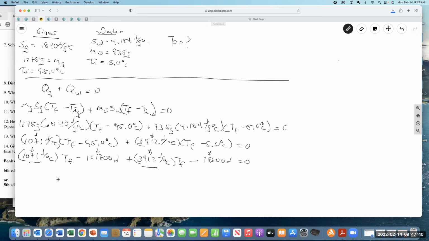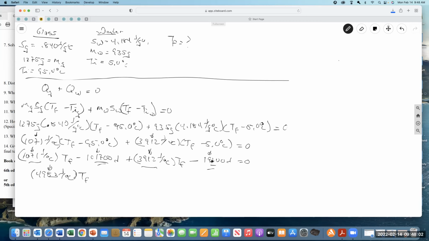So 4983, my guess is, I'm sorry, it's in the tens place, my bad. Joules per degree C times TF, that's a parentheses. And then I'm going to take the 101700 and the 19600.